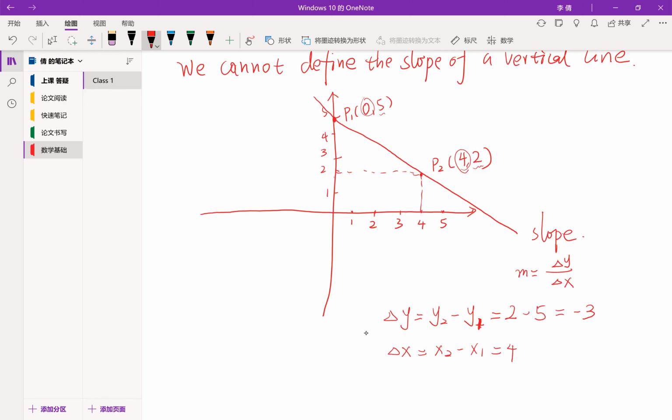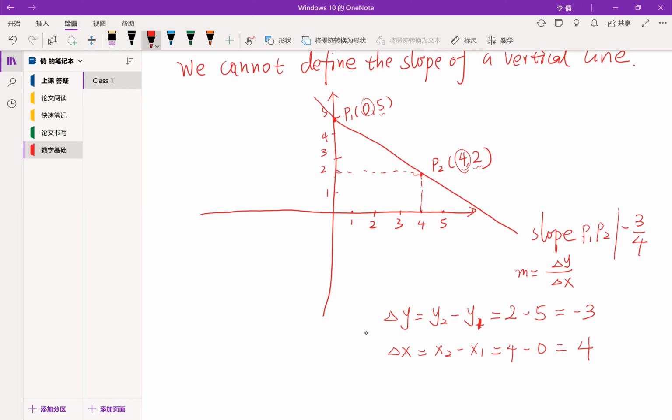So 4 minus 0 is equal to 4, right? So the slope of the line P sub 1 P sub 2 is equal to -3 over 4, right?